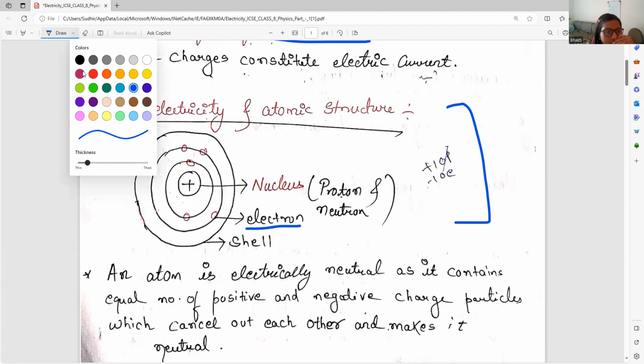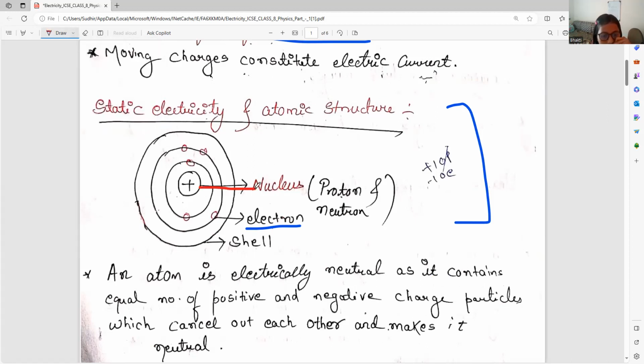This middle portion is the nucleus. These three are shells, and these are electrons. Electrons are moving, but protons never ever move from their position as they are inside the nucleus.